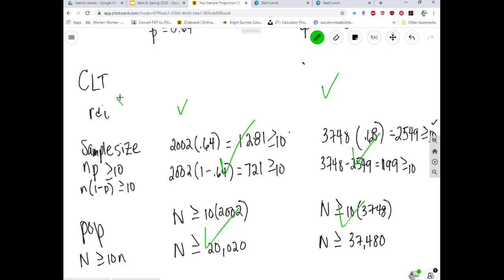One thing that I want to add here is not only do these samples need to be independently sampled, and we get that through SRS, but they also have to be independent of one another. So these are also independent of one another. Okay, so my conditions of the central limit theorem are met.